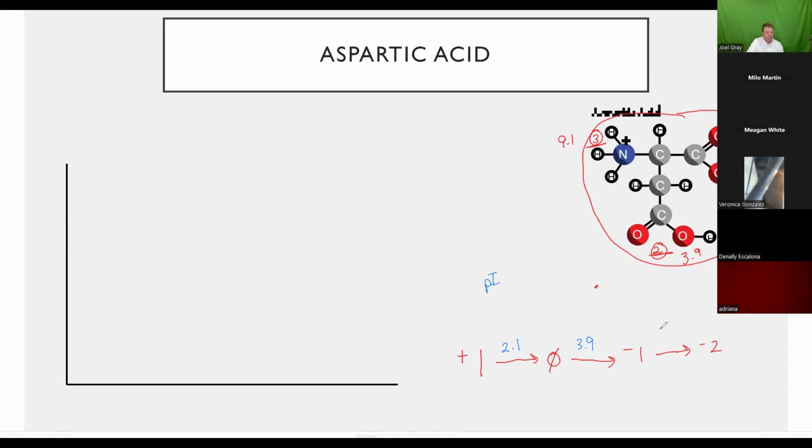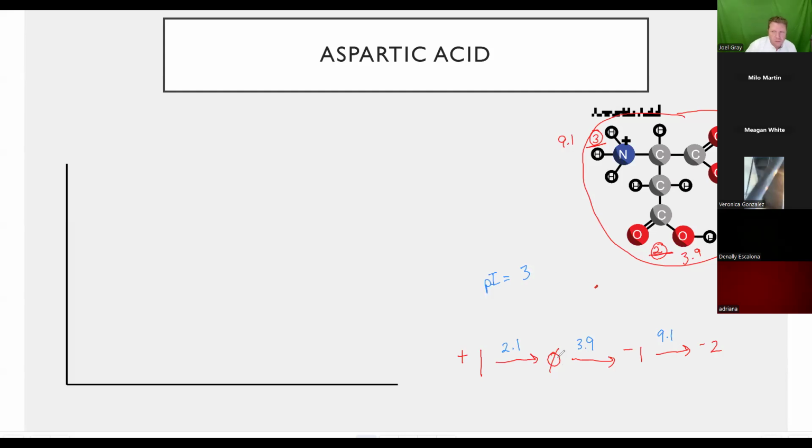I don't. So I'll write in 9.1, but I don't really care about that. So the PI for this molecule is going to be just about 3, which is halfway between my plus 1 and minus 1 form of my molecule.